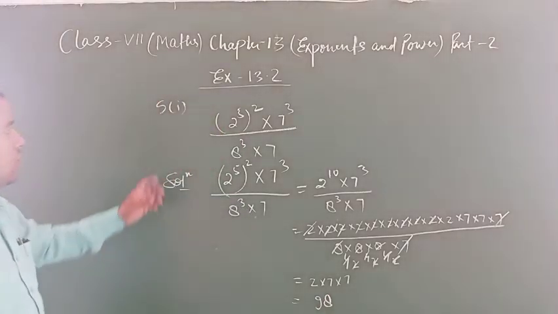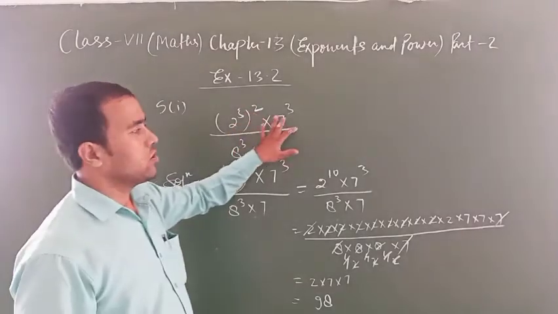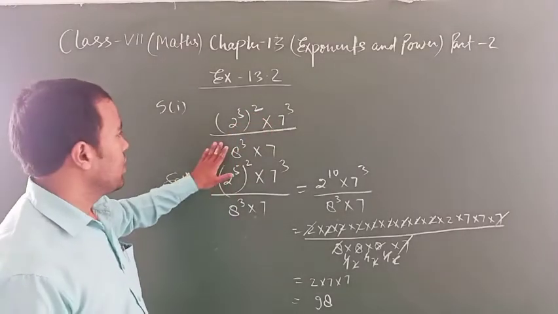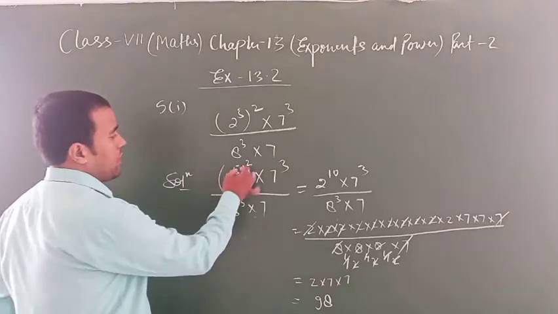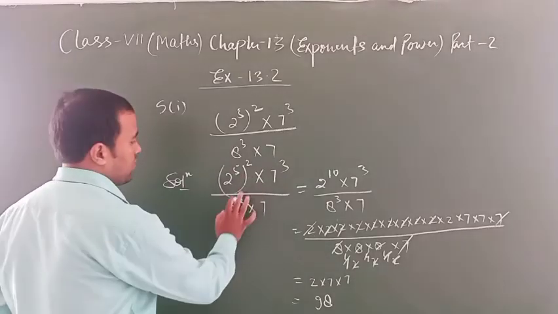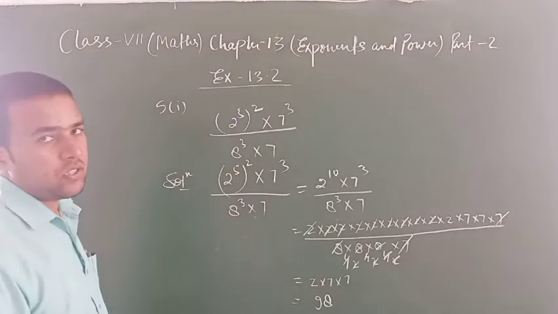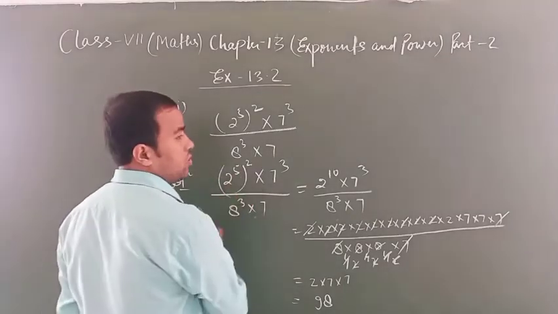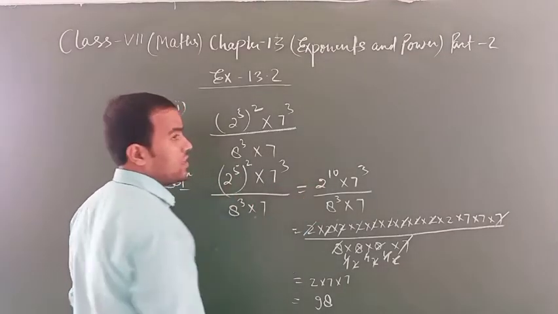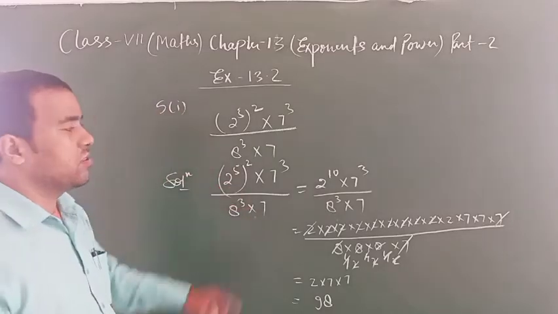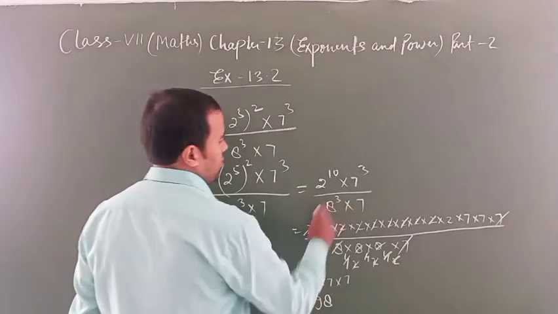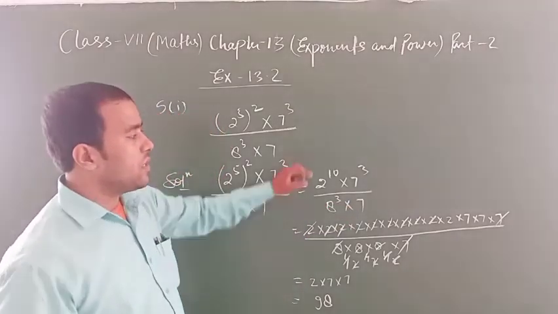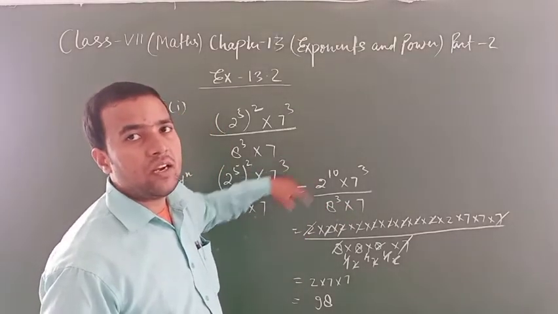Again see, 2 power 5 power 2 into 7 power 3 upon 8 power 3 into 7 is given. So 2 power 5 power 2 is 2 power 10, because 5 times 2 is 10. So 2 power 10 into 7 power 3 upon 8 power 3 into 7. 2 power 10 means we have written 10 times.